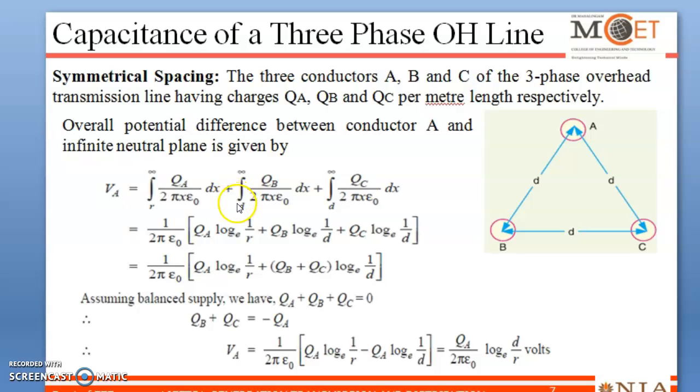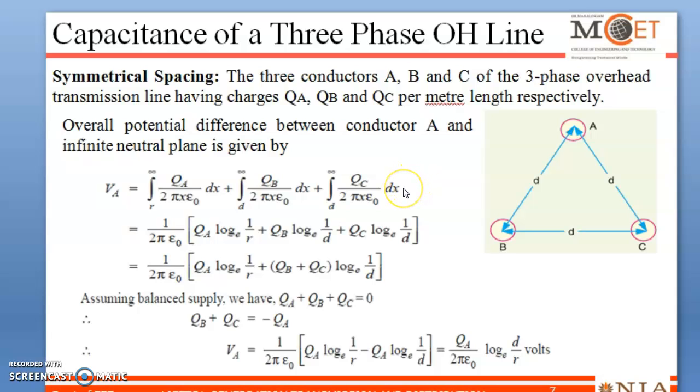The B conductor has the distance D to infinity, the charge value is QB, and it produces an electric field intensity of 2 pi x epsilon naught dx. After that, for conductor C, the integration limit is D to infinity, the charge value is QC, and the electric field intensity is 2 pi x epsilon naught dx.